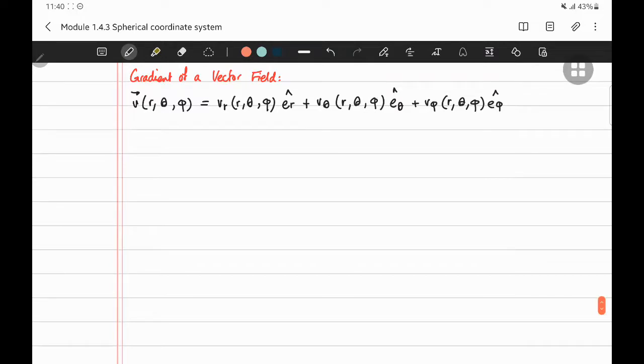All right. So I have dv, and dr gives del v here, which we know is a tensor. It's a second order tensor, or simply a tensor.